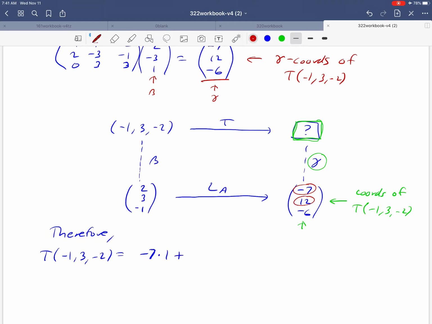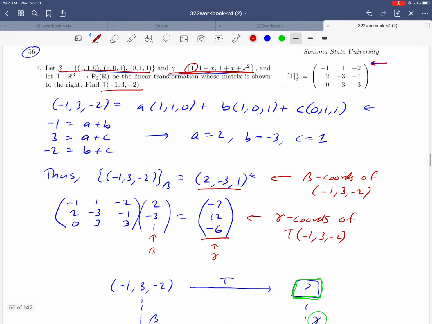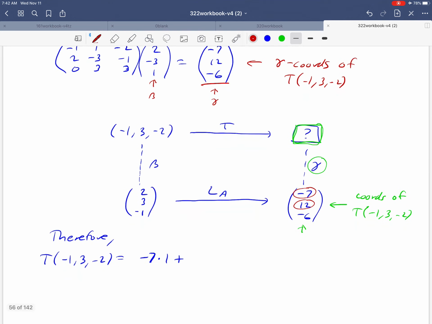Then we're going to take 12 times the second vector in gamma, which if we scroll up and sneak a peek is going to be 1 plus x. And then finally we'll take -6 times the third vector in our basis gamma, which looked like 1 plus x squared.